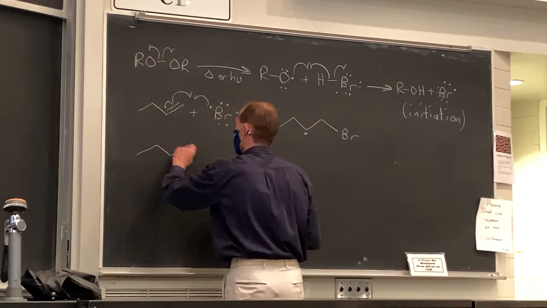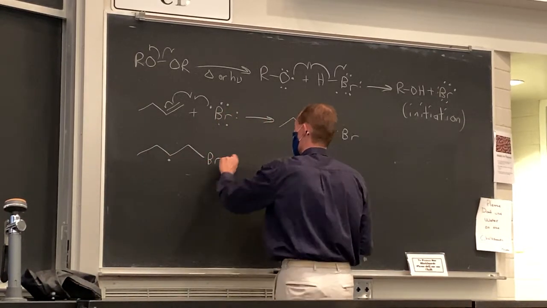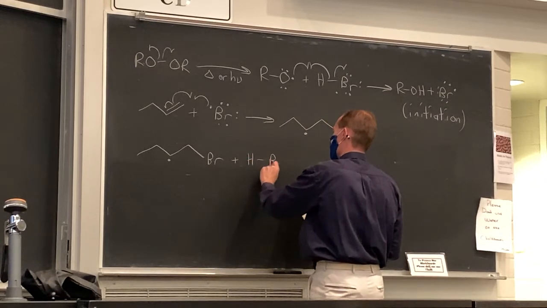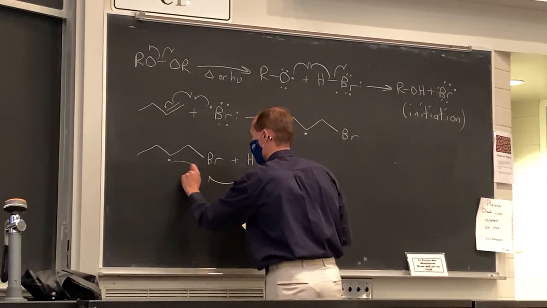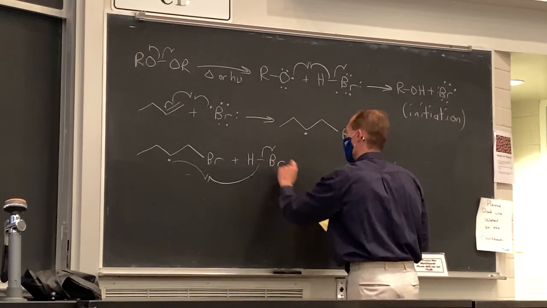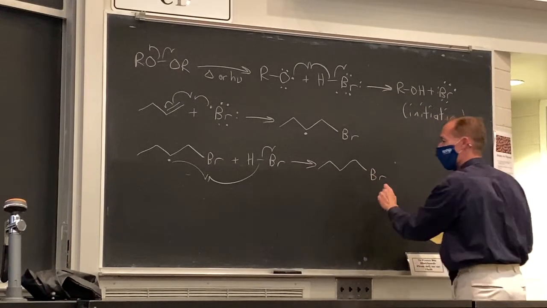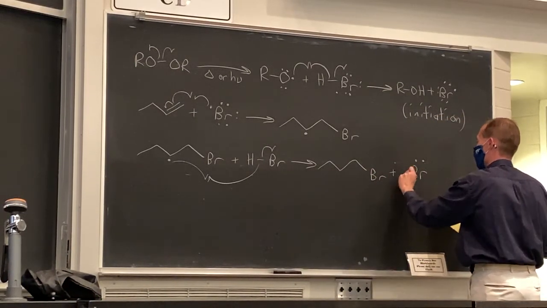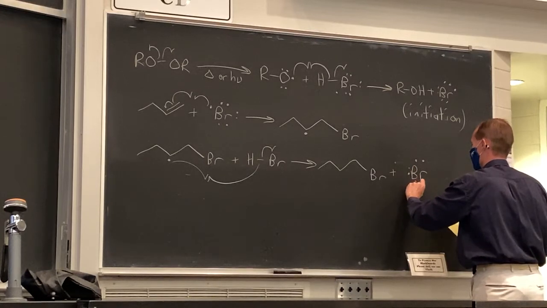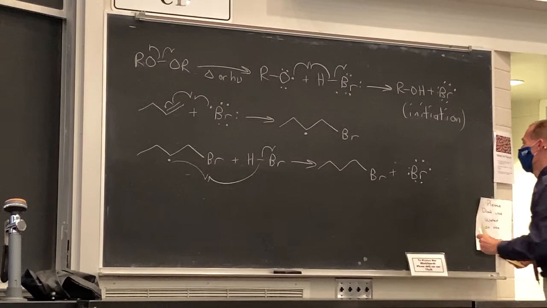Okay? And then once we have this alkyl radical, that's going to abstract a hydrogen atom from HBr, generating our product and regenerating the bromine radical. Okay.